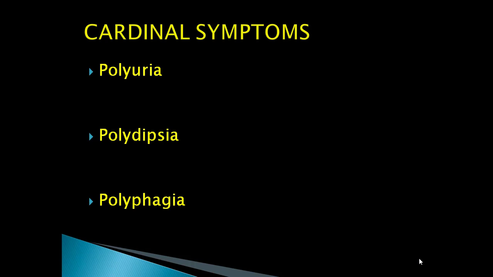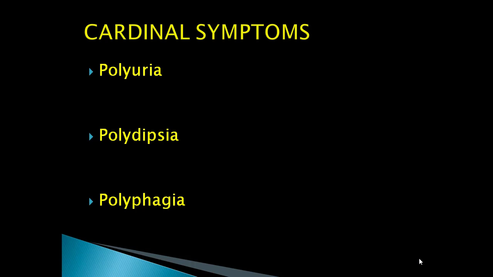And if you observe diabetic patients, especially type 1 diabetic patients, due to defective glucose utilization, there is a breakdown of lipid stores in the body, especially the adipose tissues, and after that there is a breakdown of proteins, especially muscle proteins, to get glucogenic amino acids for energy.